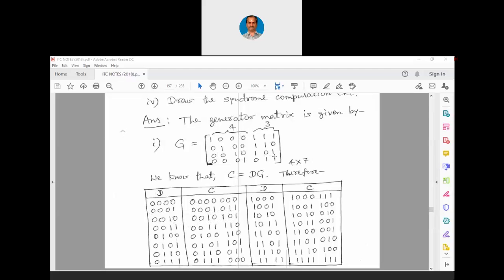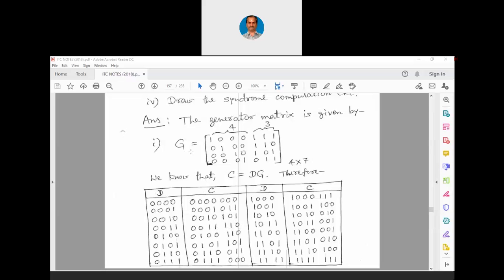For 0, 0, 1, 1, there is modulo 2 addition, and accordingly we get 0, 0, 1, 1, 1, 1, 0. You should always remember the first 4 bits of the code vector are same as the data vector that we had discussed earlier. Only thing is the next 3 bits are going to change as per this matrix multiplication with the modulo 2 addition.